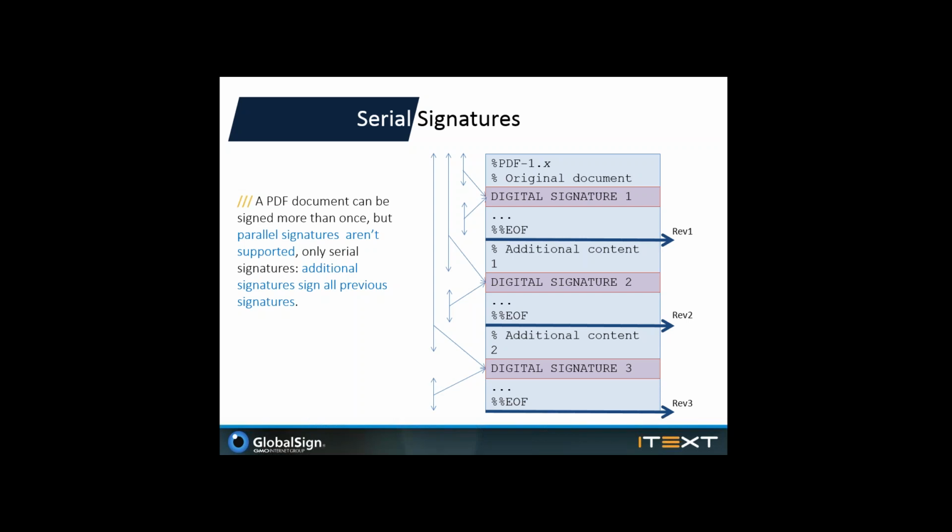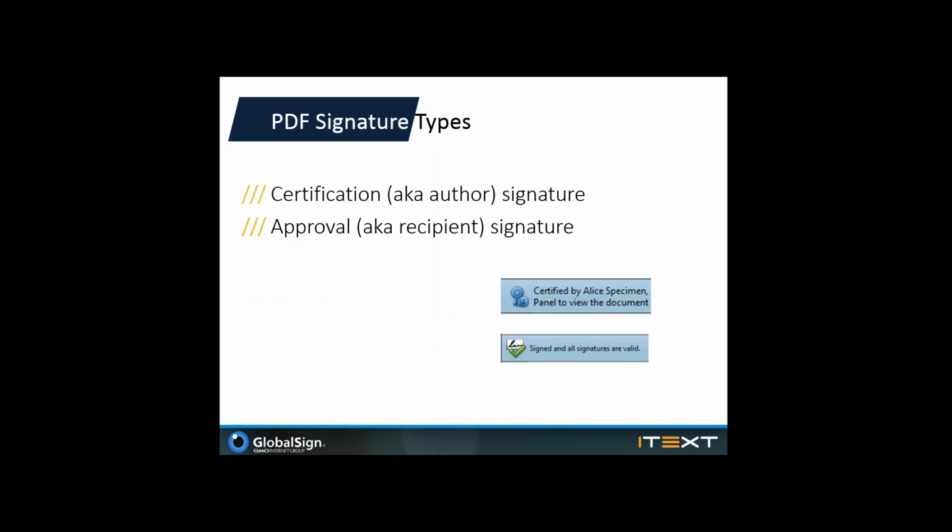It's just one document. There are also two types of signatures. There's the certification signature and the approval signature. Certification is also known as the author signature. It's only possible with the first revision, and then the certifier can decide whether they will allow changes to be made to the document, such as form filling, signing, or commenting, so they can either allow it or not allow it.